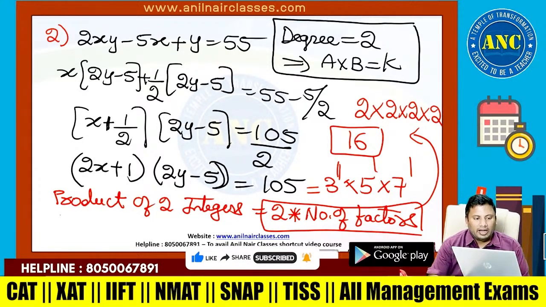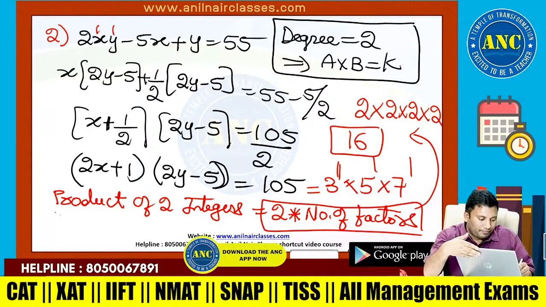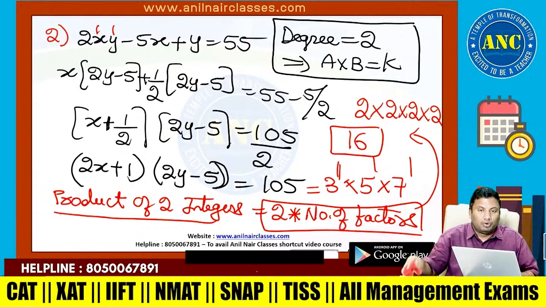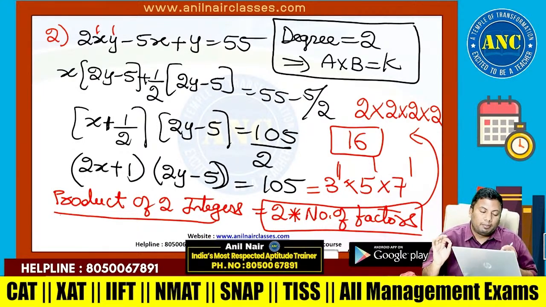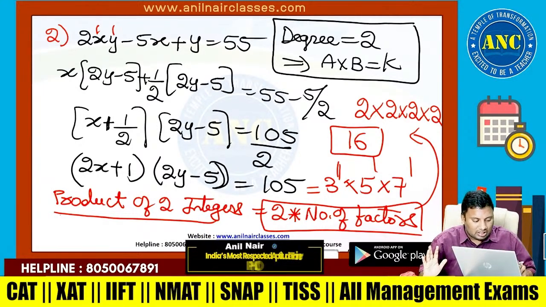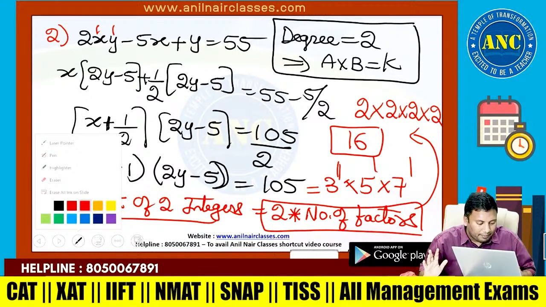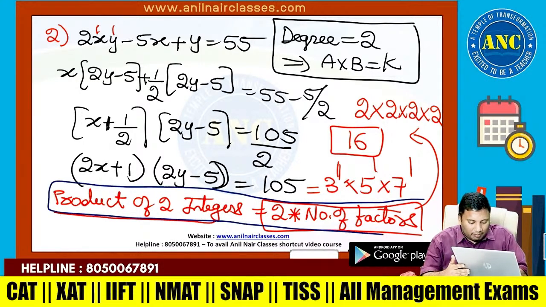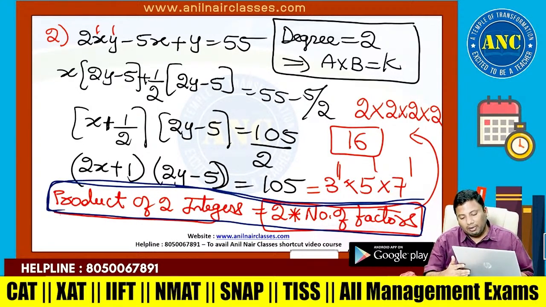I hope the idea is clear. If the degree of the equation is 2, writing the number as a product of two integers is nothing but twice the number of factors.